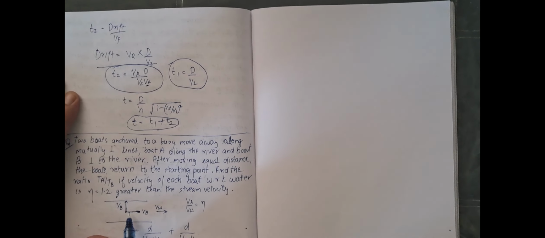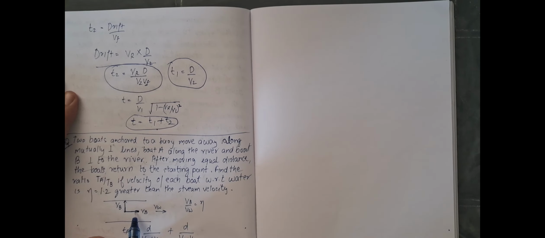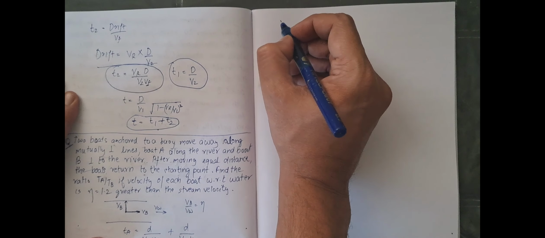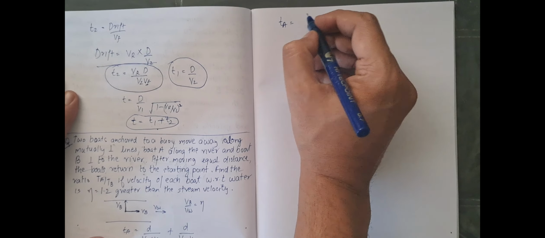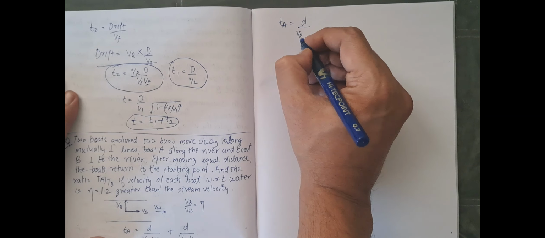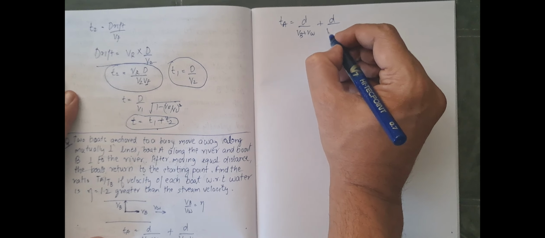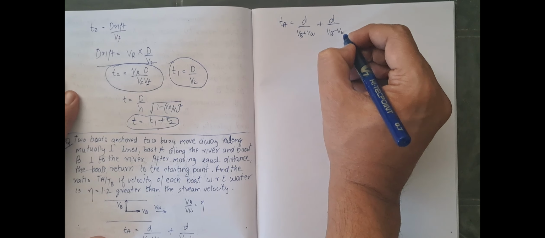So if you take the example of this, we know this. Now for boat A, the total time will be equal to downstream time plus upstream time. The downstream time will be equal to D by VB plus VW, plus the upstream time will be equal to D by VB minus VW.